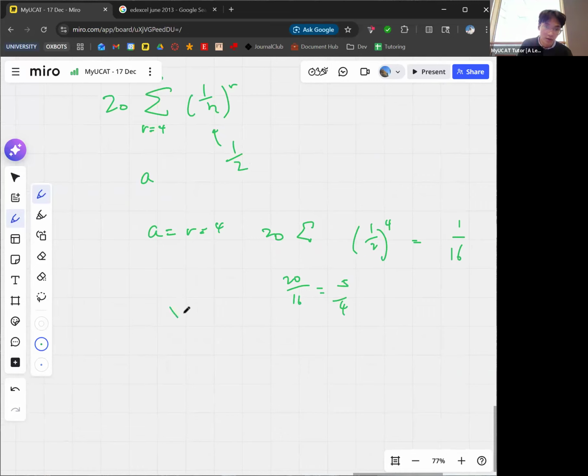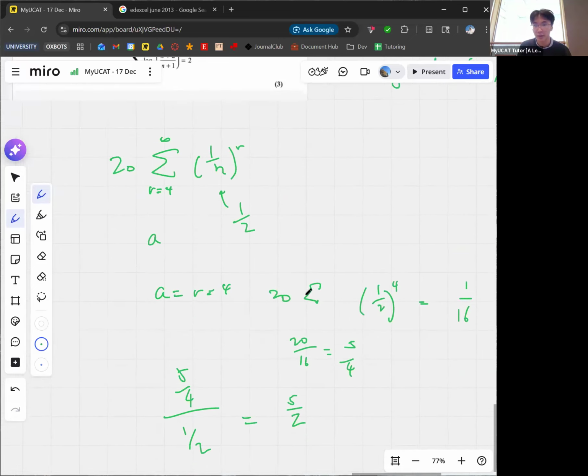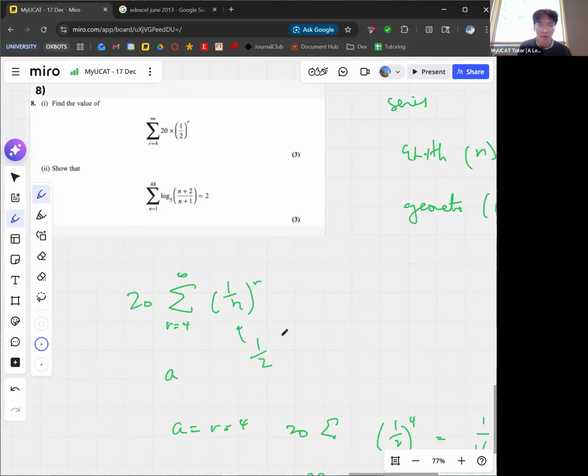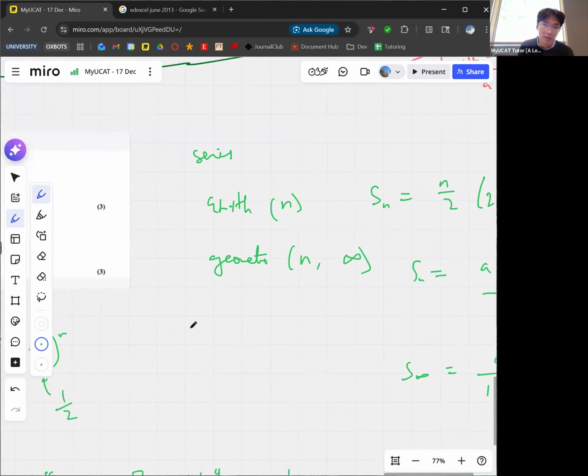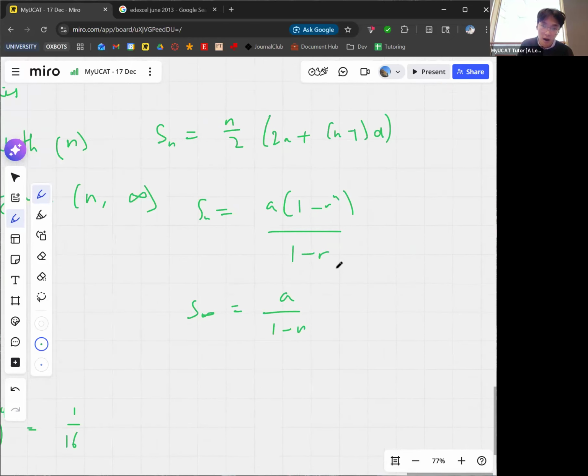So in this question, it's 5 over 4 divided by a half, and that becomes 5 over 2. So that's your final answer. You're kind of messing around a little bit, but when we look at our general cases, r means the common ratio here, and d here is the common difference.